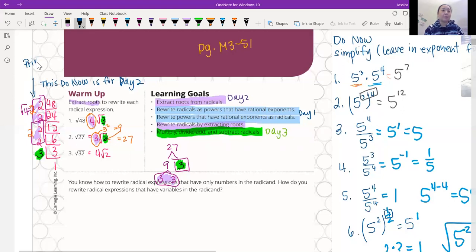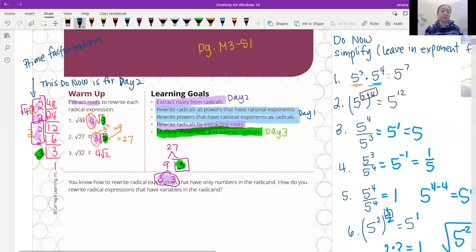So prime factorization. That's a thing. So prime factorization of 48, which means what? We're going to find all the numbers that multiply to 48 that are just prime. So in other words, like 2. So 2 goes into 48 how many times? 24 times. 2 goes into 24 12 times, and you just keep on going, like what goes into 12?